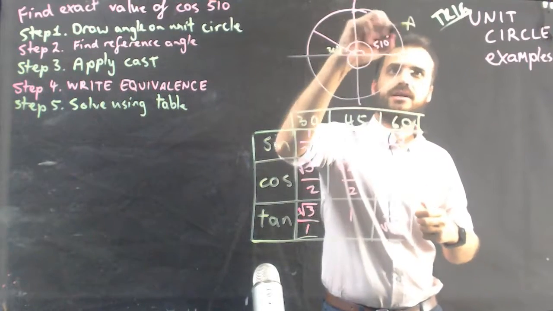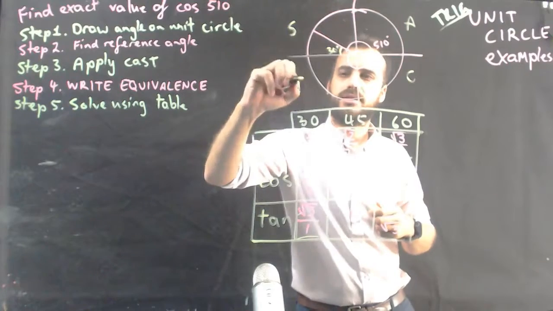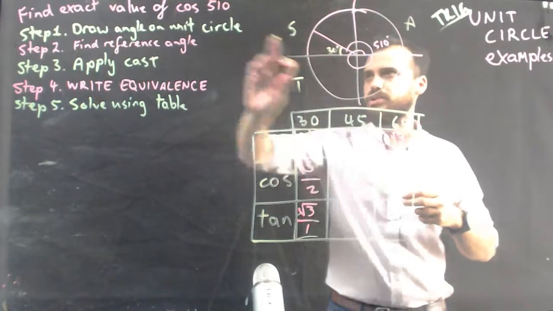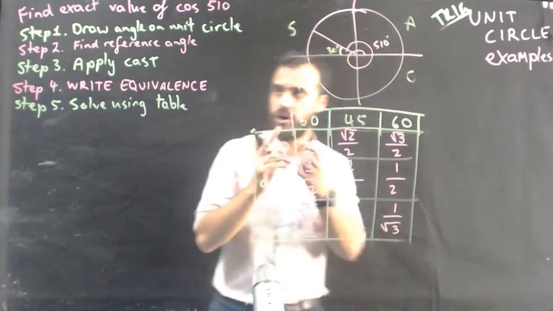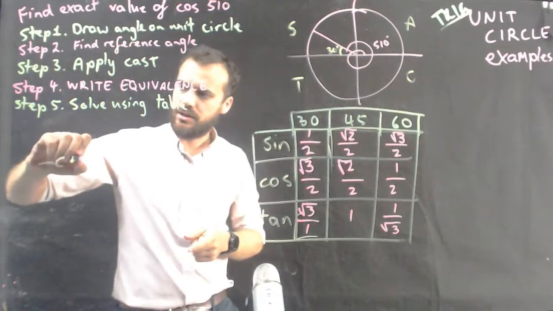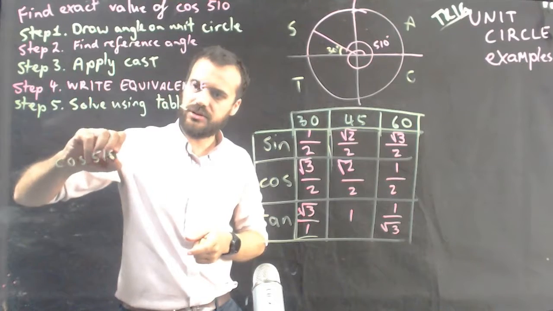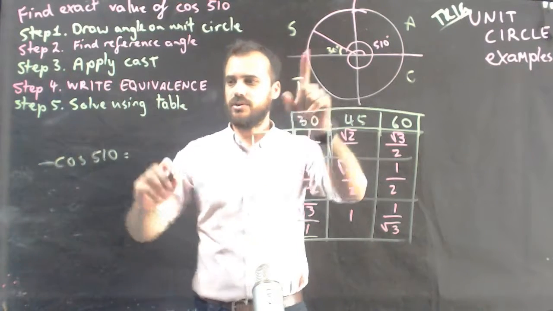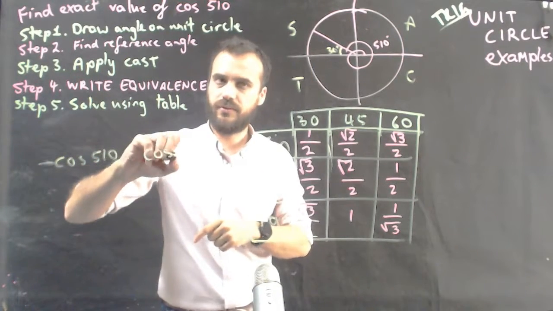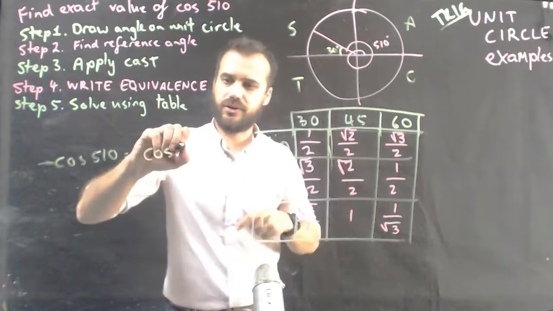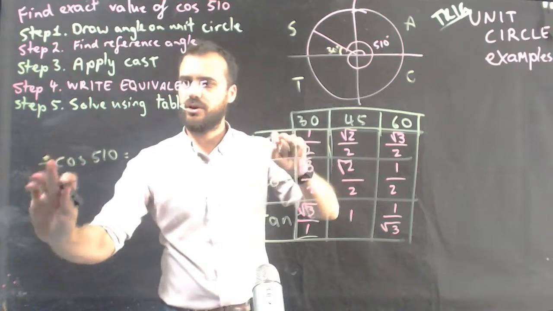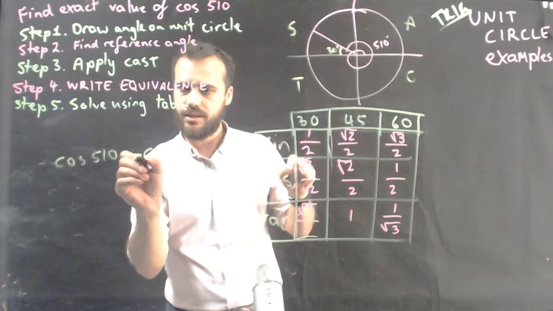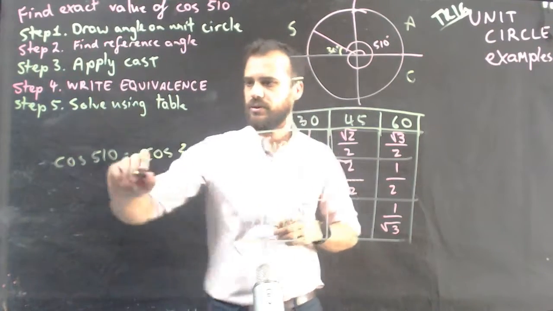Apply cast, C-A-S-T. We're in the sine quadrant, but we're doing a cosine question, so our answer is going to be negative. Write the equivalence. Cos 510 equals cos 30, reference angle, and we're in the sine quadrant, but we're doing a cosine question, so it must be negative.